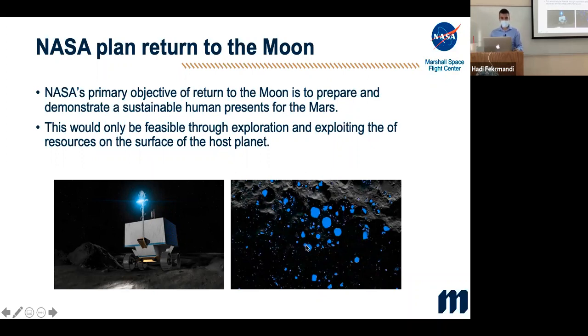The idea is to be sure that we are capable of doing something that is a matter of a couple of days away from us in space before taking it to the next level on Mars, which is a 2-year journey. So that's the primary mission: create, or at least demonstrate, a sustainable human presence for Mars. This would be feasible through exploring and exploiting the resources. This is the goal.